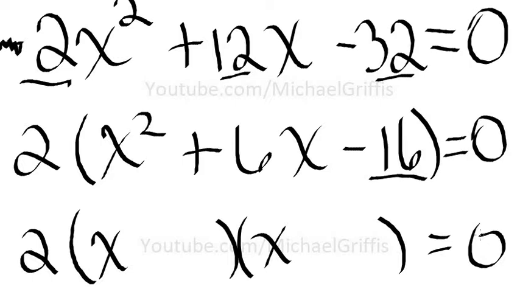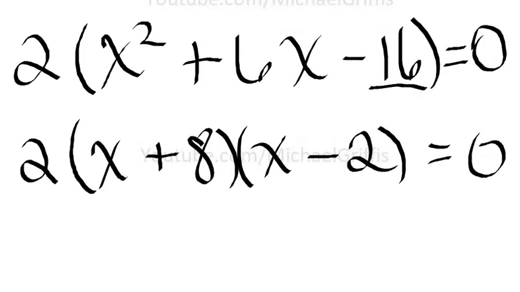What about 8 and 2? We know that 8 minus 2 is 6, right? Yeah, 8 and 2. Because 6 is positive, we'll make 8 positive, and we'll throw a minus in front of 2. Yep, I believe that's it.